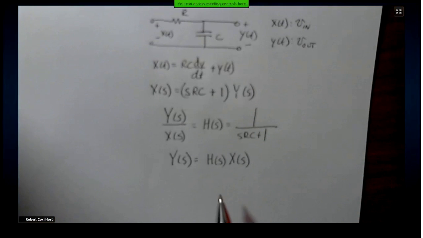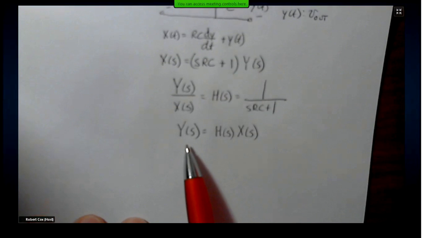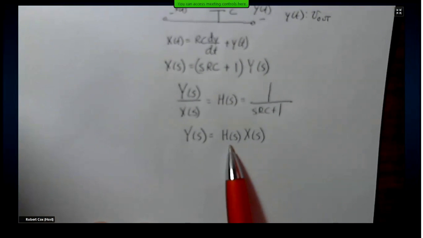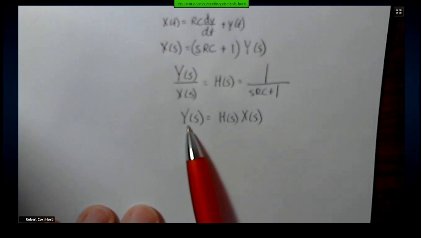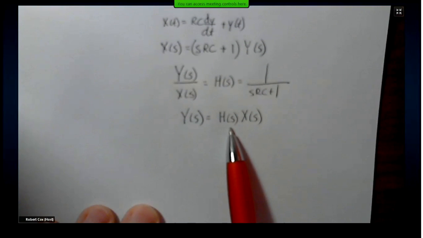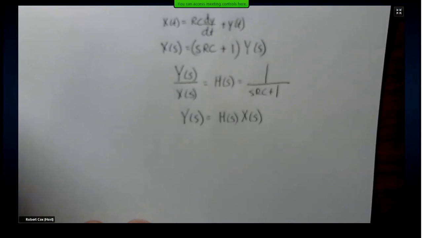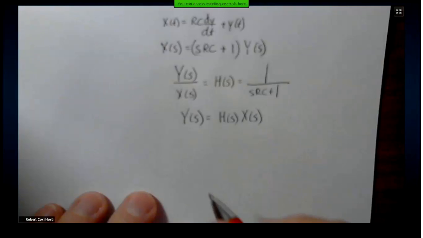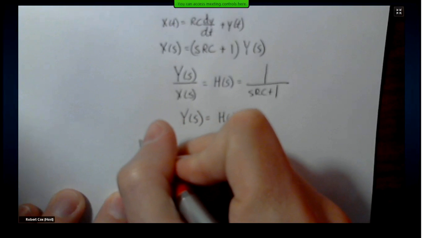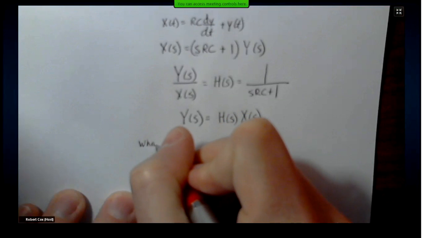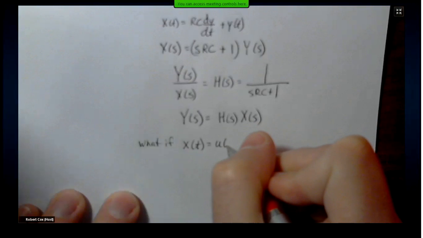And that's what this picture up here told us, right? The Laplace transform of the output is equal to this transfer function, which tells us something about the system's dynamics, times the Laplace transform of the input. Then we look at basically having different inputs. So one input might be, what if x of t were equal to the step function?